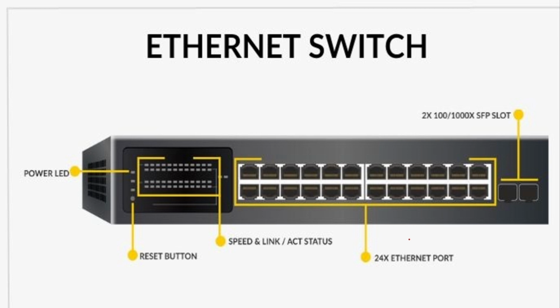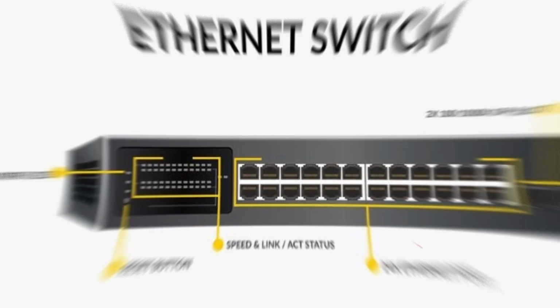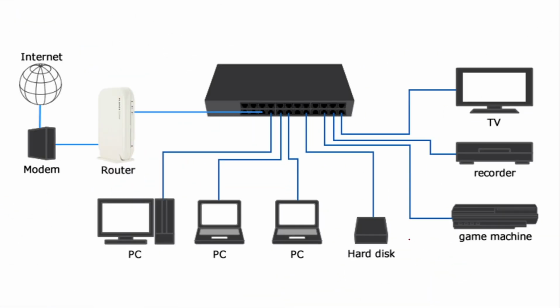Switch is a topic on its own. We're going to be explaining different things you can do with a switch, different configurations you can do with a switch. This is just an introduction to what a switch looks like. Like we said, a switch connects different devices together.